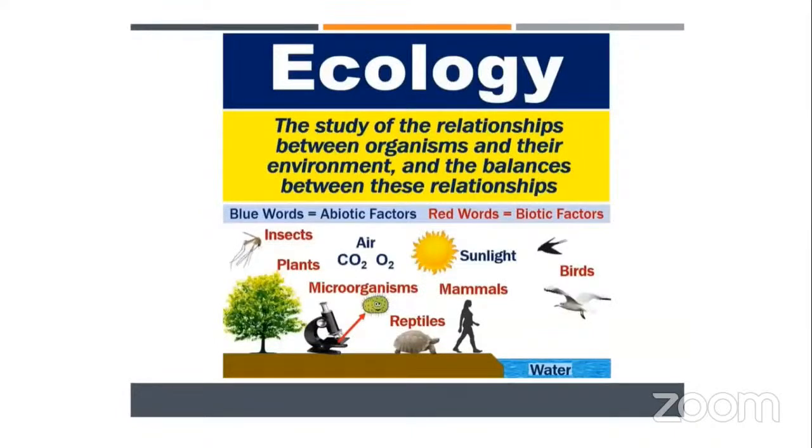Here you can see in this slide, those marked with blue color are abiotic, and those marked with red color are biotic, like insects, plants, microorganisms, reptiles, mammals, birds. And sunlight, oxygen, carbon dioxide are abiotic.